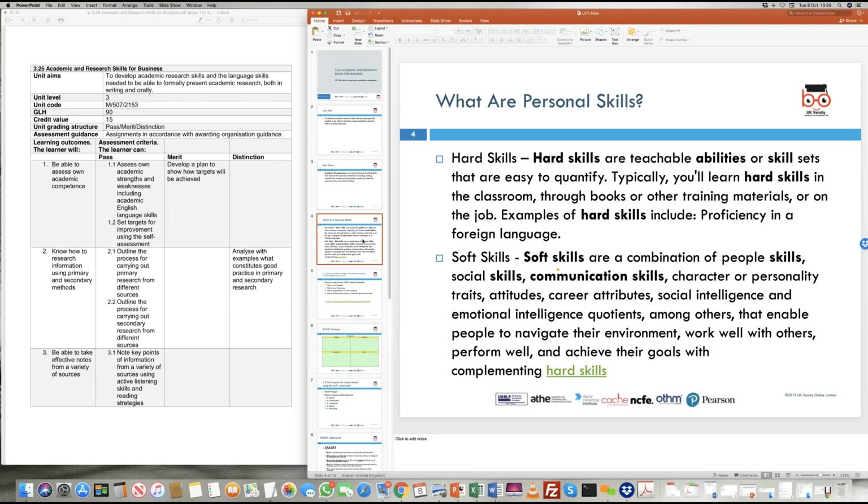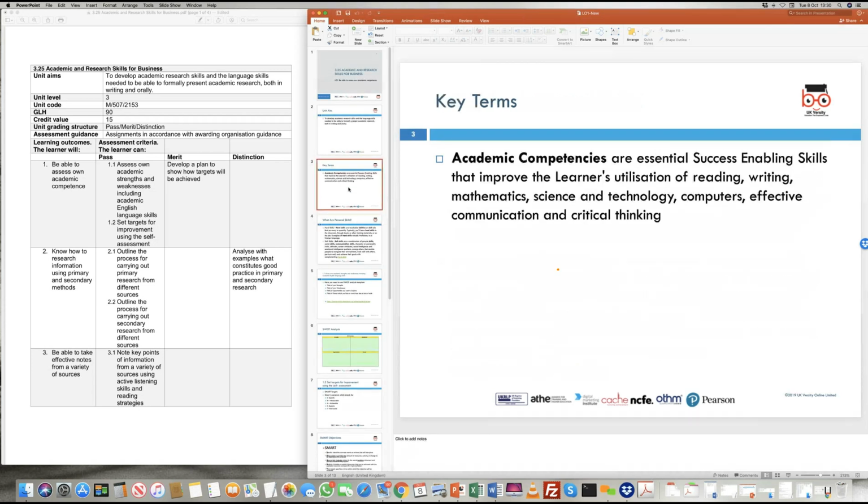So before we get into assessing your strengths and weaknesses for English language and language skills, we'll cover some of the key terms and terminology related to things like what are skills, what are hard skills, what are soft skills, and that is what we want to understand in terms of key terms when we go into this unit.